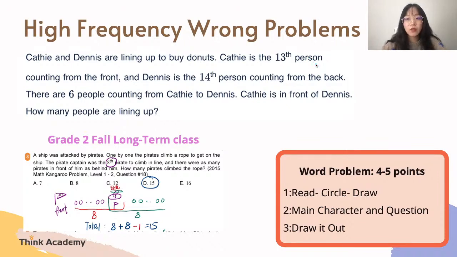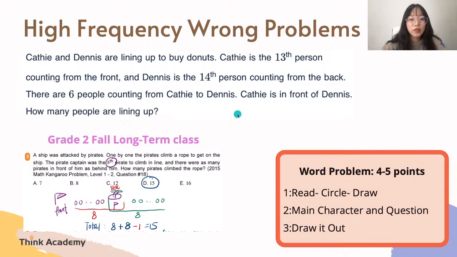Second, I highly recommend the student circle the important information when they see a word problem. Who is the main character? What are they doing? And also emphasize the last question. What is the question asking? How many people are lining up?